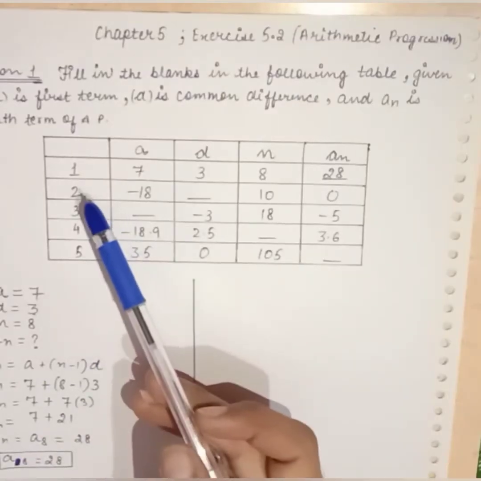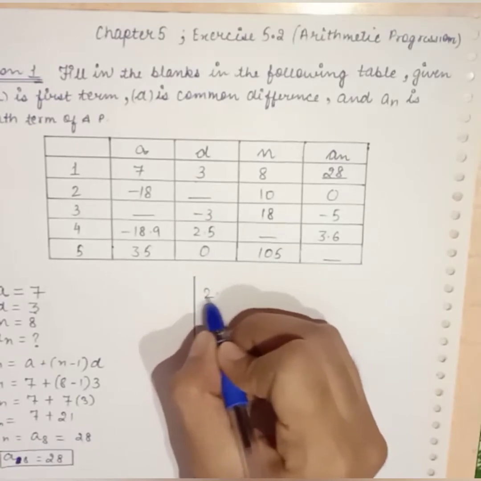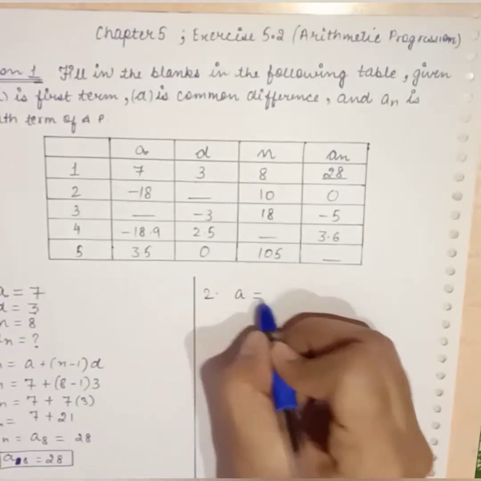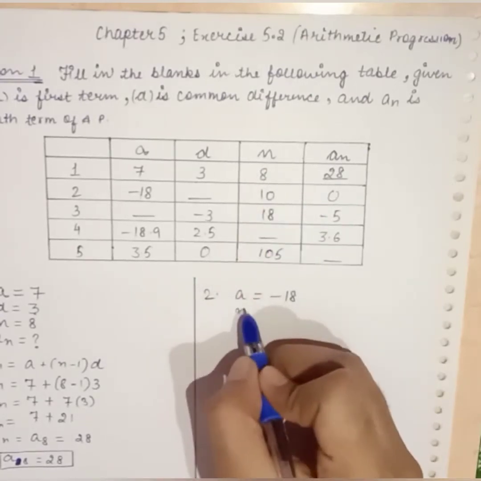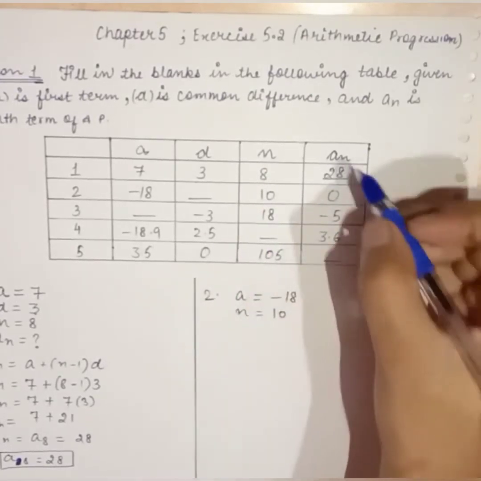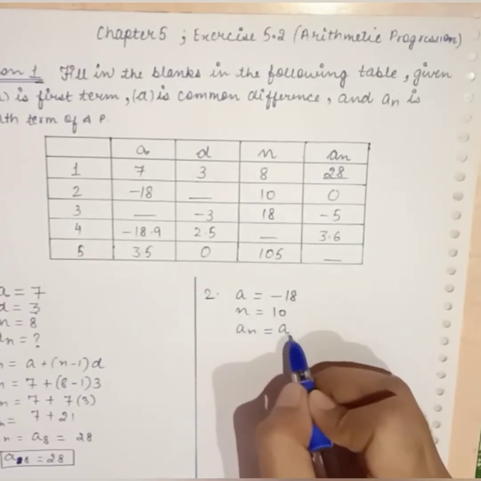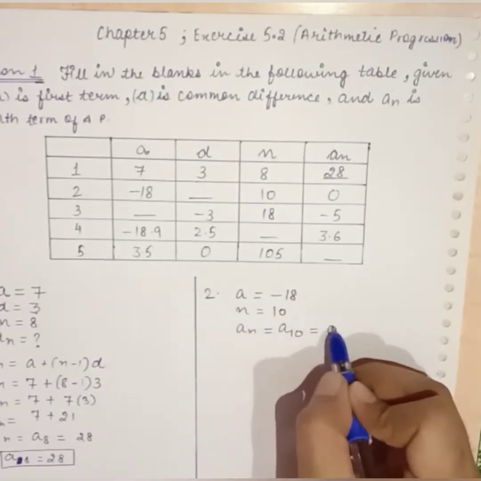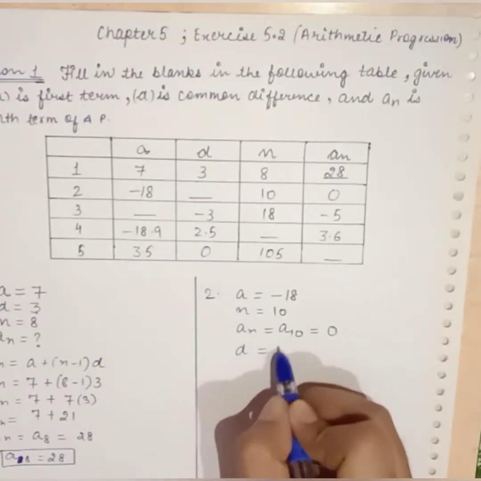Now our second question is: a is minus 18, n is 10, an, or we can say the 10th term, is 0, and we have to find the common difference d.